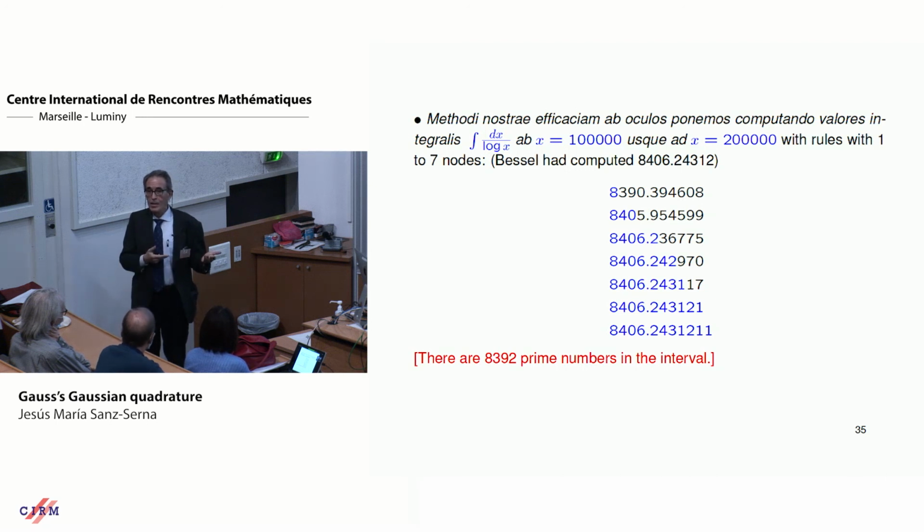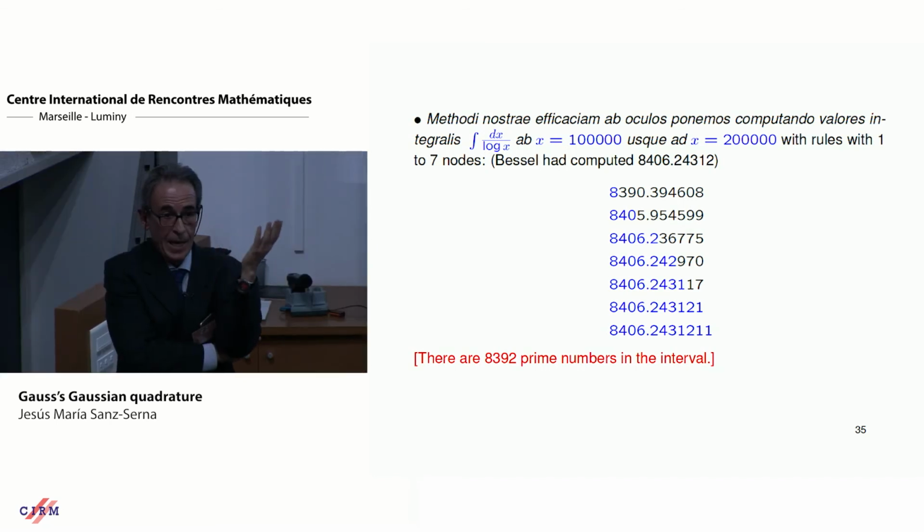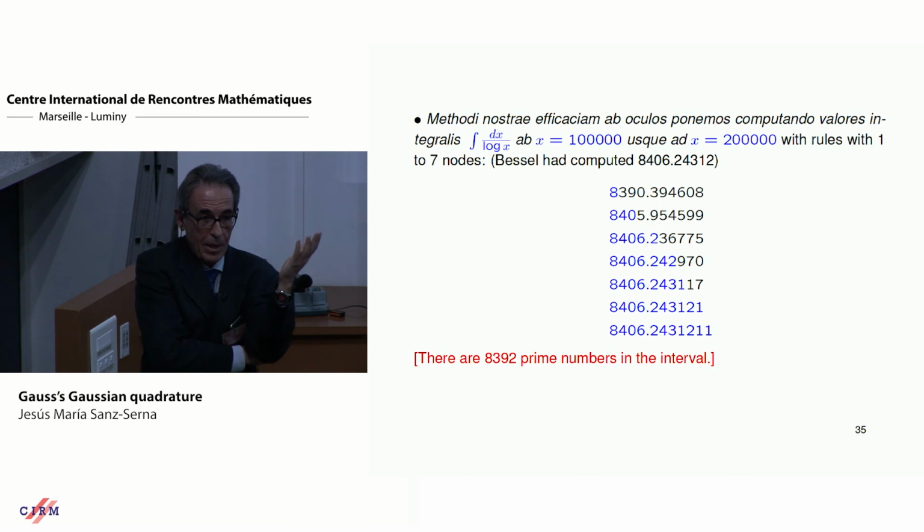You see how many things were weak in this memoir from the point of view of rigor. For instance, he doesn't know how to deal with the error in the polynomial approximation. He assumes that the functions are analytic without concern about any convergence or anything.